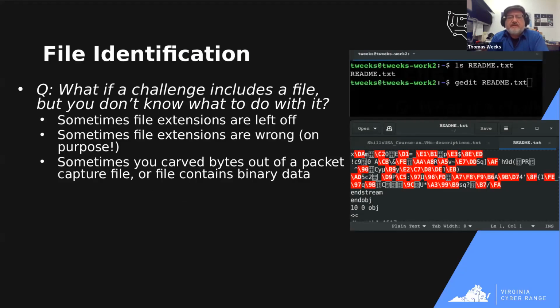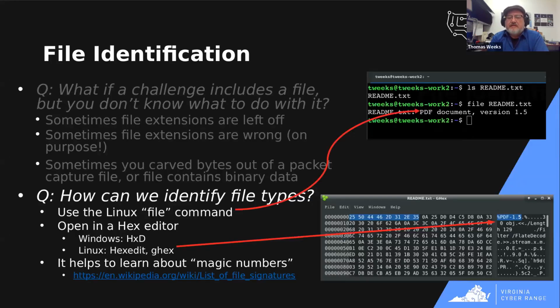There's the example. So I just did everything in the slides manually, but there's me editing it. There's me using the file command to determine what kind of file it is, using a hex editor to look at the magic numbers. And there's that link to magic numbers. You just go out to Wikipedia and search for magic numbers. This article comes up, very handy.